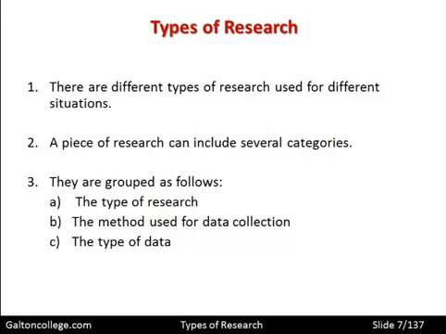What type of data is being collected? Is it secondary or is it primary? It's important to understand and know the difference between the two. And what's the source of the data? Where does the data come from? It's not just secondary or primary. It could come from respondents.